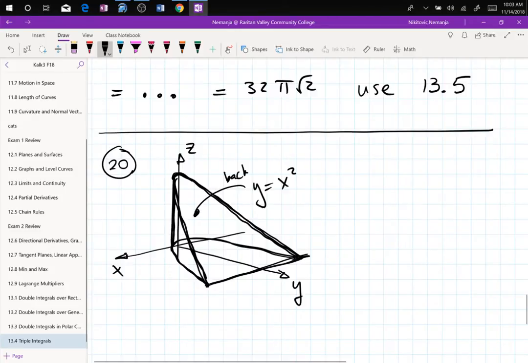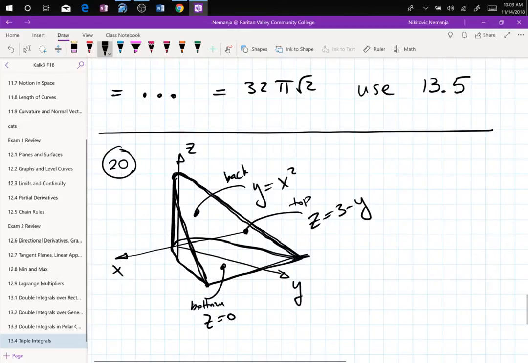And that x squared wraps all around. Top is given by z equals 3 minus y. And the bottom is z equals 0. So there are only 3 surfaces here.